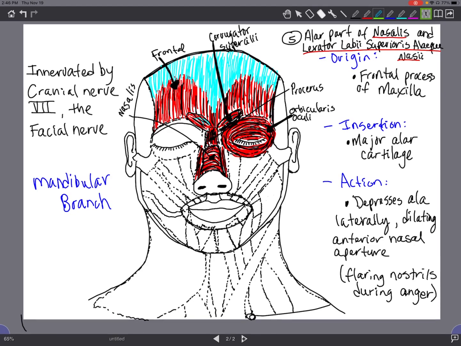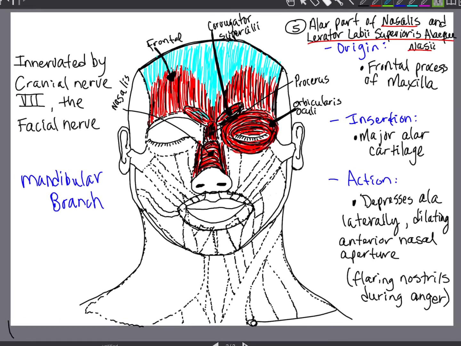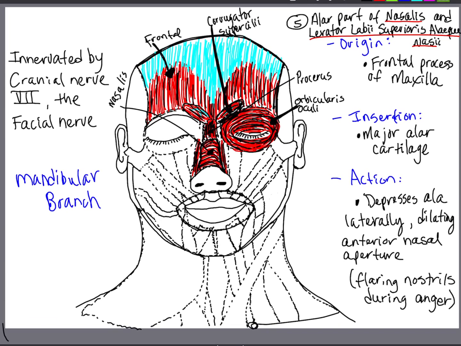Number 5 is the alar part of the nasalis, so right here, and the Levator Labii Superioris Alaeque Nasi, which is this one right here.